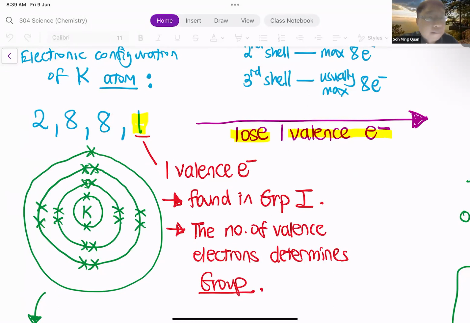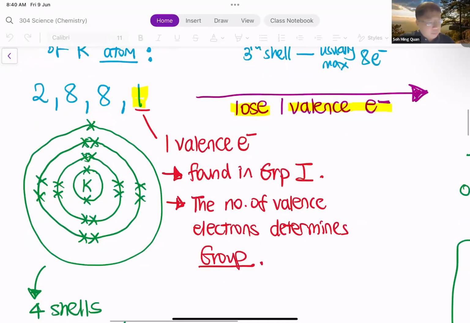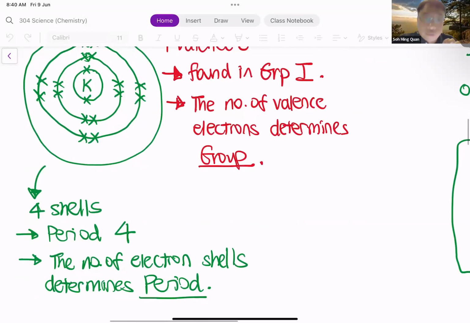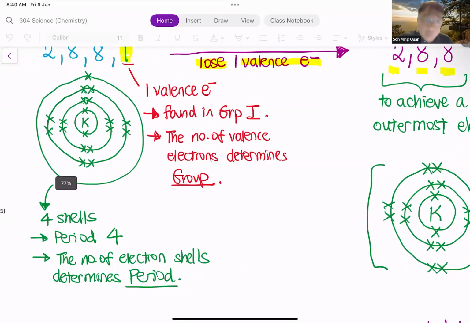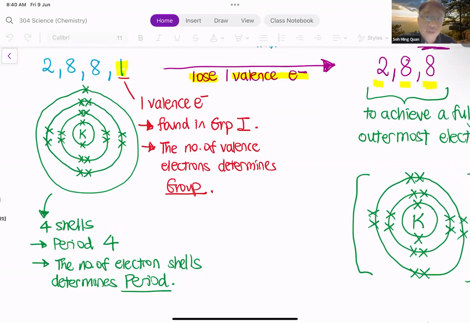Okay, so the number of valence electrons will determine the group, whereas the period is determined by the number of shells. So potassium is from period 4 because it has 4 shells of electrons. First shell, second shell, third shell, and finally, fourth shell. Okay, how do we know there are 4 shells? Because it's 2, 8, 8, 1. That means 4 shells contain electrons.